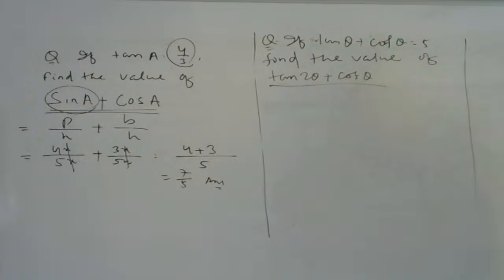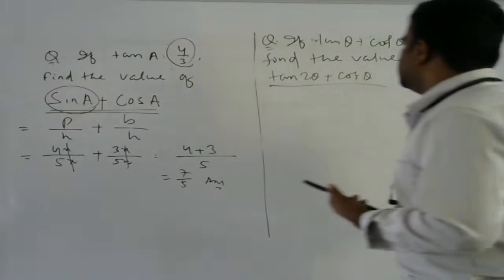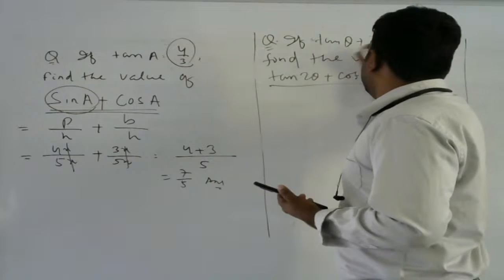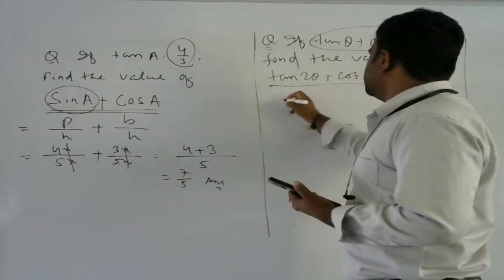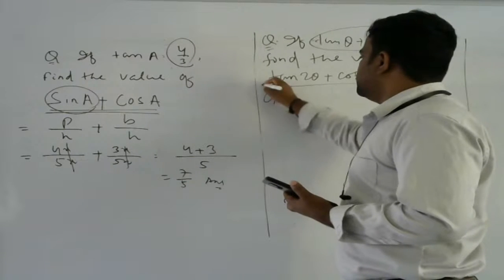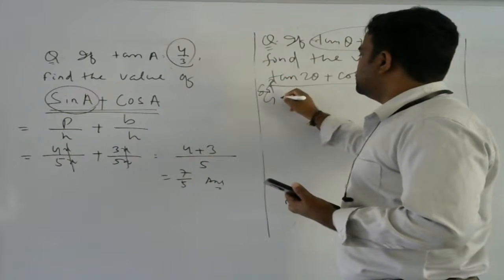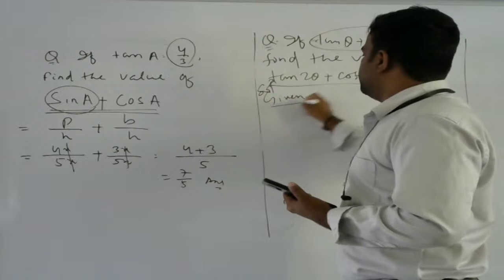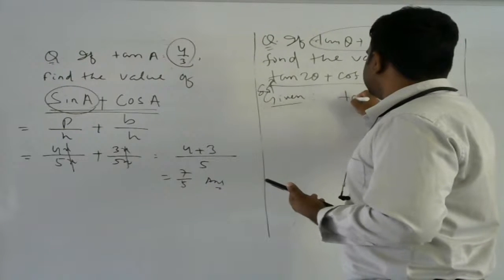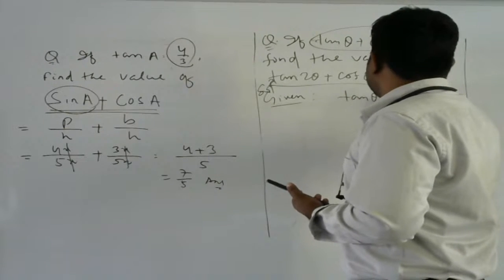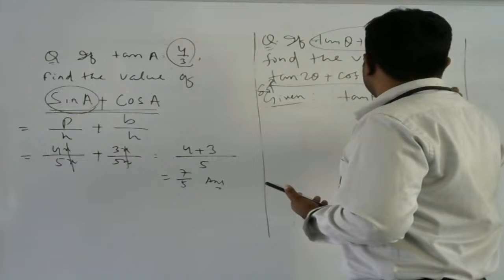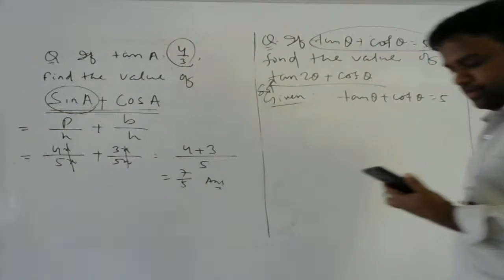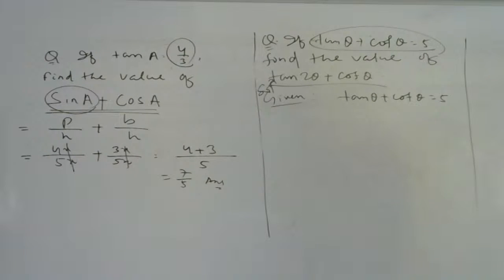So how will we start? Let us start from here. Given that tan theta plus cot theta equals 5. Now we'll square both sides.